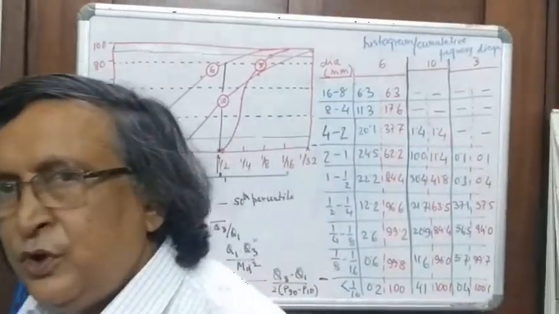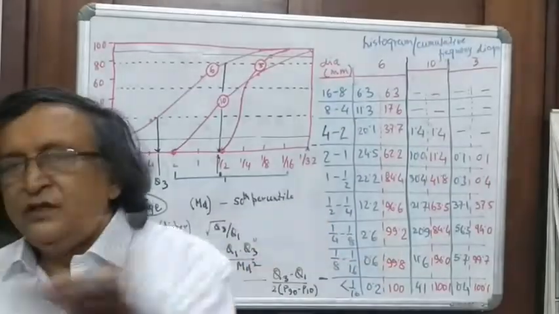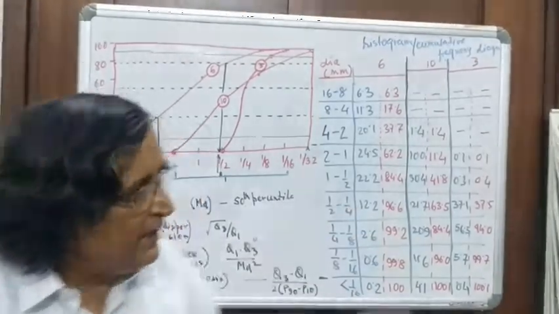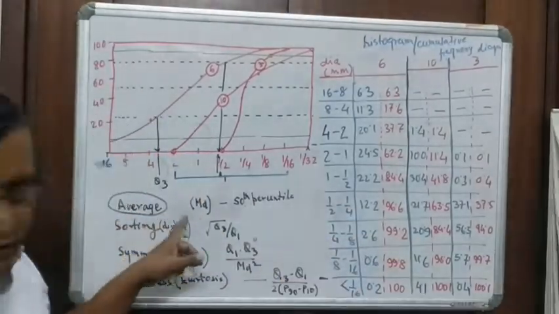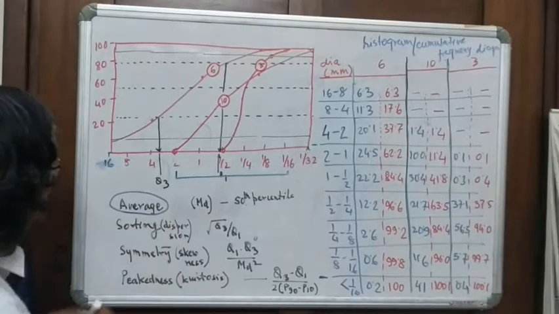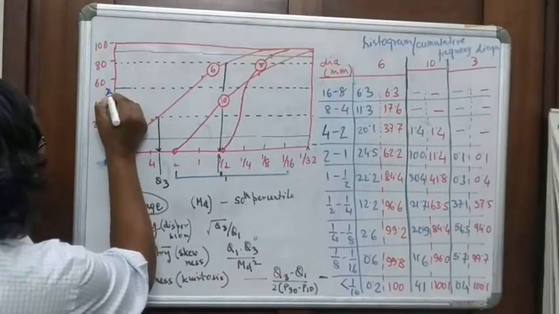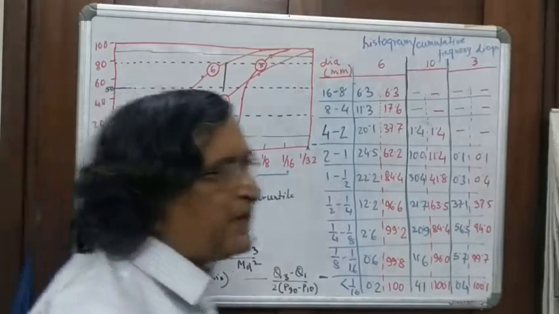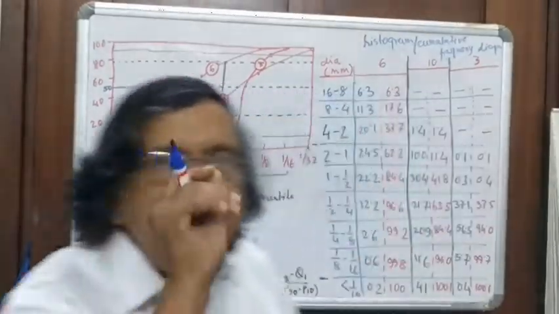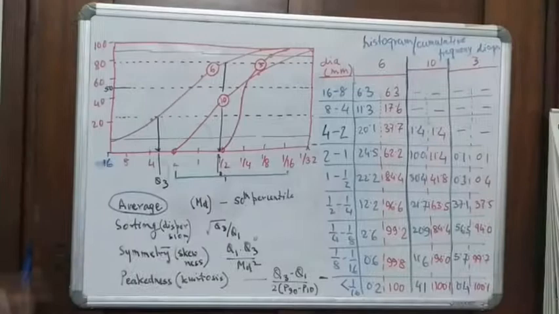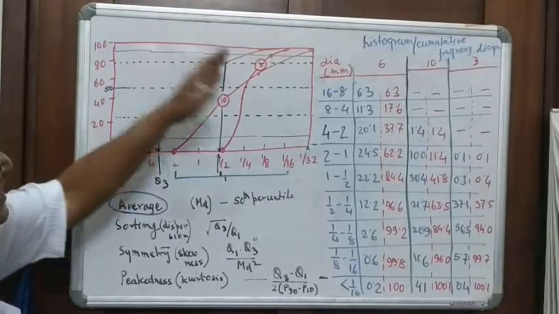What do you do? You add it all up and divide by the number. This is called the average, or the median value, which is at this point 50 here. The 50th percentile gives you the median value of the different samples.